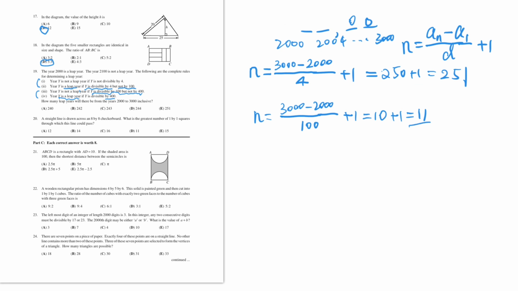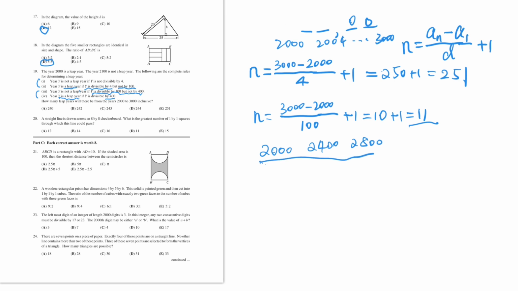But in these 11 numbers, how many numbers are divisible by 400? So now we need to find how many numbers are divisible by 100 but also divisible by 400. Divisible by 400 is a leap year. So from 2000, divisible by 400, 2400, 2800.